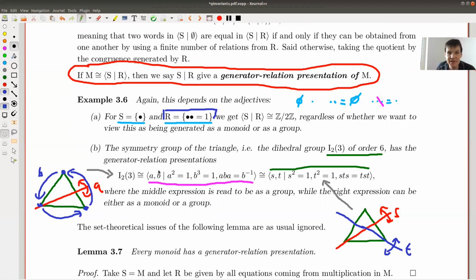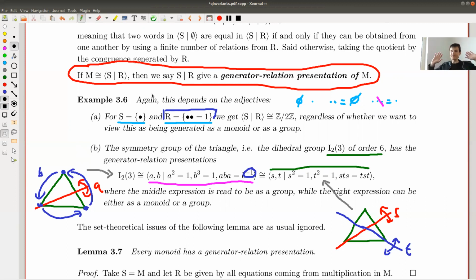A slight difference here. So this one only really works if you want it to be as a group. The green one is kind of the monoid presentation. Again, those relations then imply that it's a group anyway, but it doesn't matter.